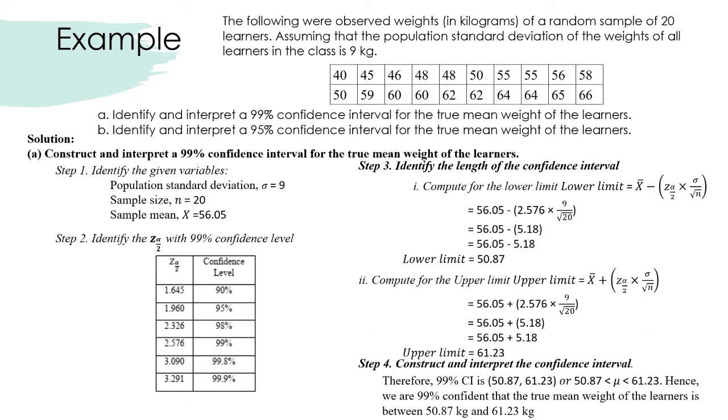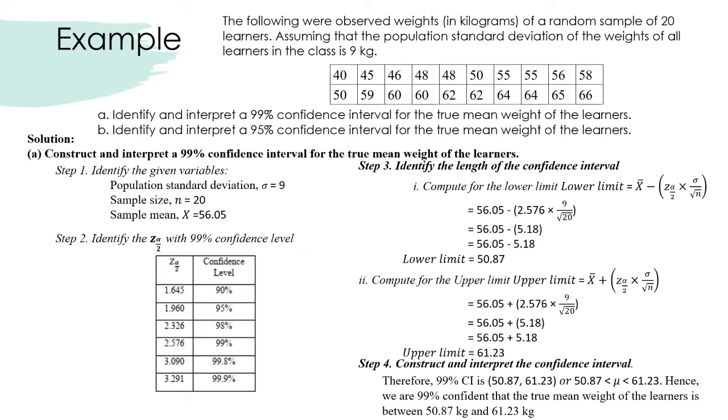We will now have 56.05 minus quantity of 2.576 multiplied to 9 divided by square root of 20. Let's simplify first the quantity part of our equation. We will now have 5.18. So our equation now becomes 56.05 minus 5.18. We will now have the lower limit in a value of 50.87.